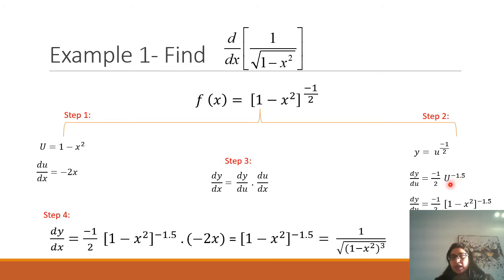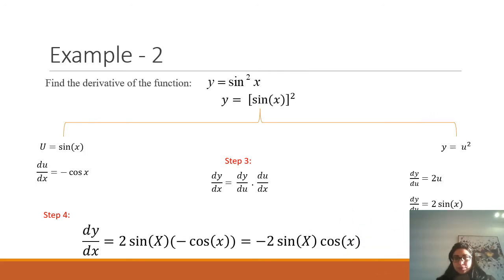Then I will rewrite u as 1 minus x squared, which I took from step 1, so it's minus half times 1 minus x squared to the power negative 1.5. What is the last step? Multiply both formulas: du by dx times dy by du. So we just multiplied the two terms, and here is the differentiated term.